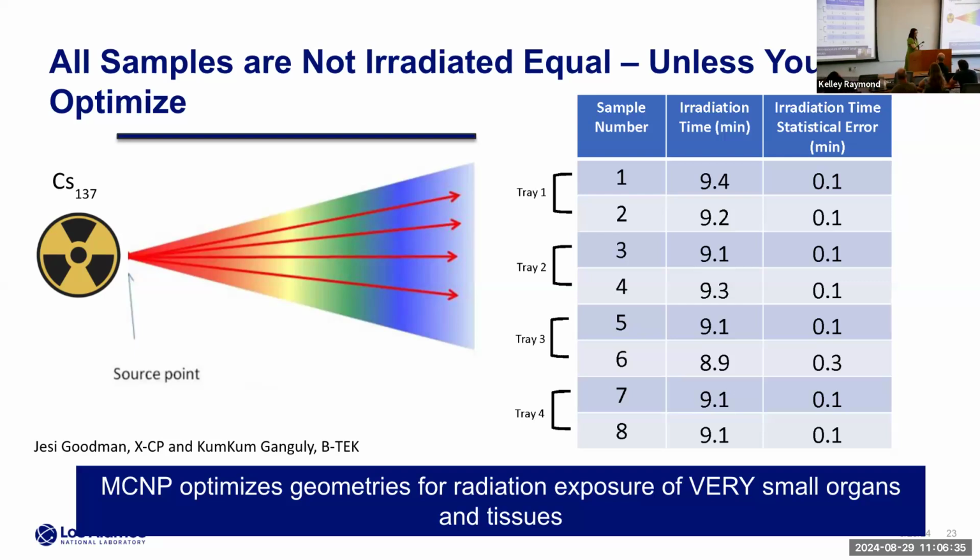And even with the best computational methods we had available, if you stack things up or put things behind or next to each other, even in a very small area, you can get variation in the dose that a sample is going to receive. And so we use this computational method to try and figure out, okay, well, we can stack this up, but let's exclude this sample that's in this position in our gamma beam, because that's clearly not getting a similar dose.